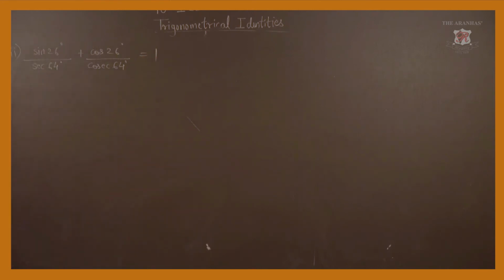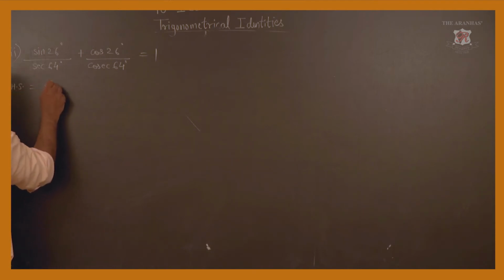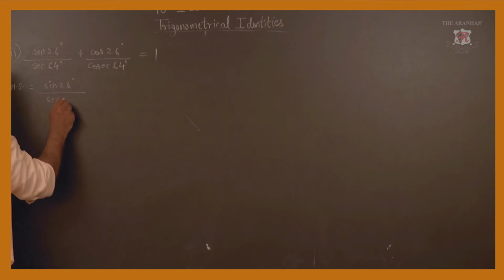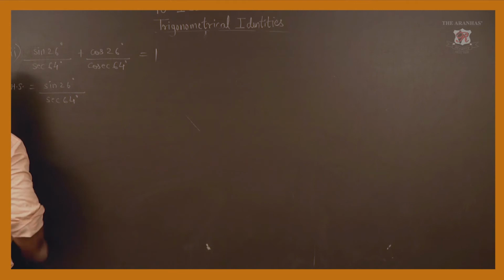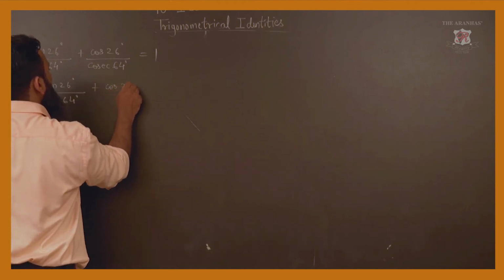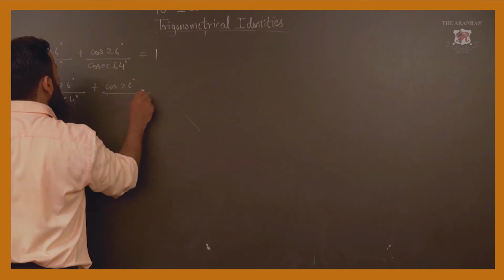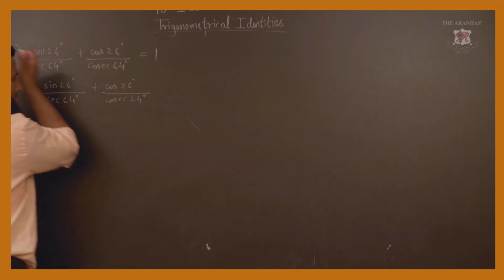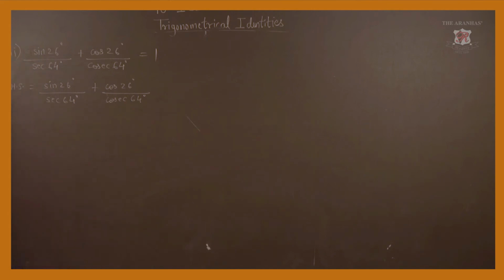Always start with the LHS over here. LHS is sin 26 degree upon sec 64 degree plus cos 26 degree upon cosec 64 degree.